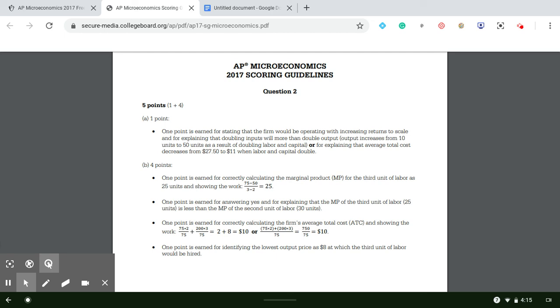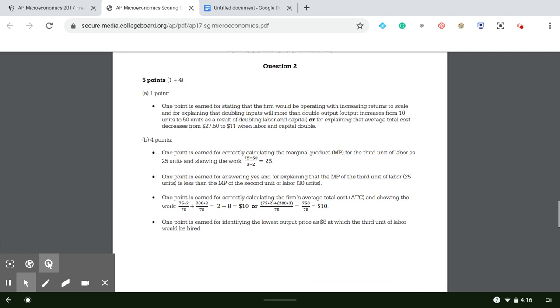Calculate the marginal product, real simple. We talked about diminishing returns. The second unit of labor was 30 units. The third unit of labor was 25. And then we showed average total cost by just quickly calculating $10.